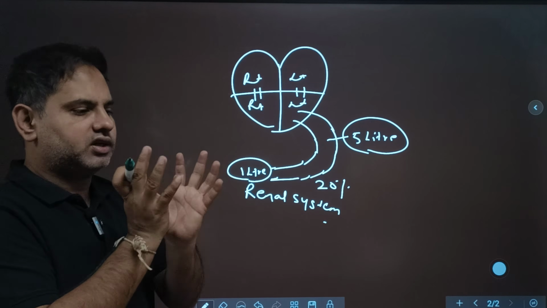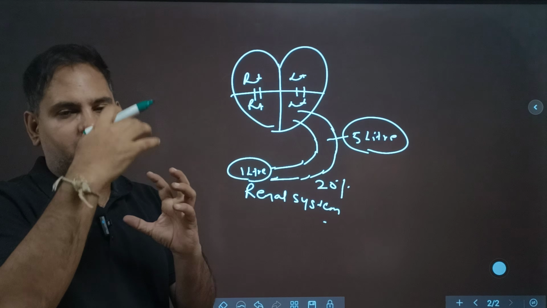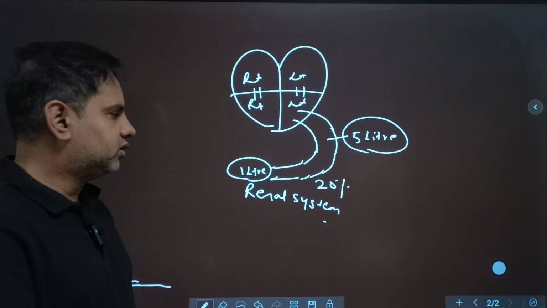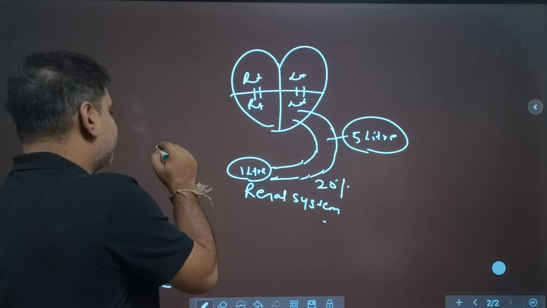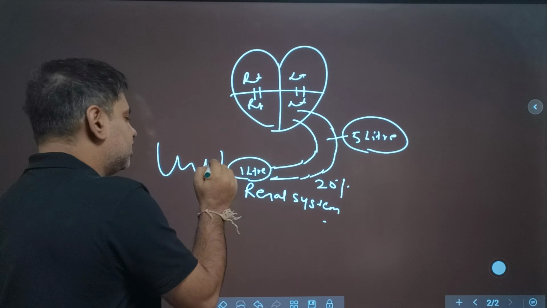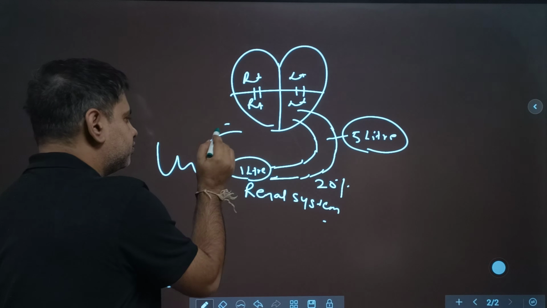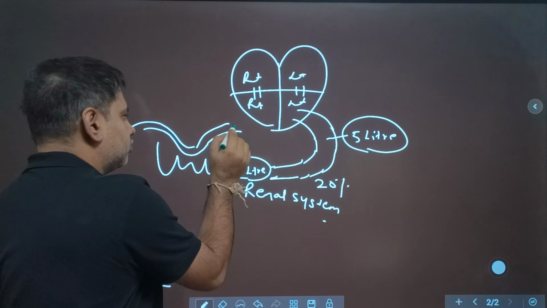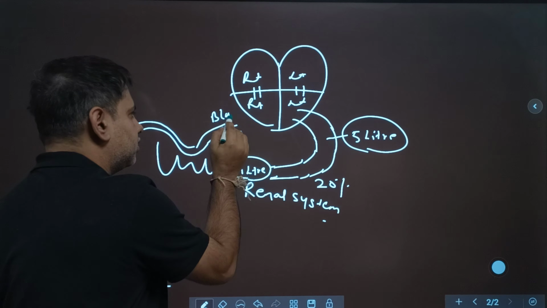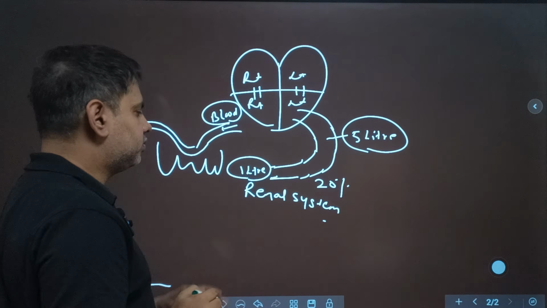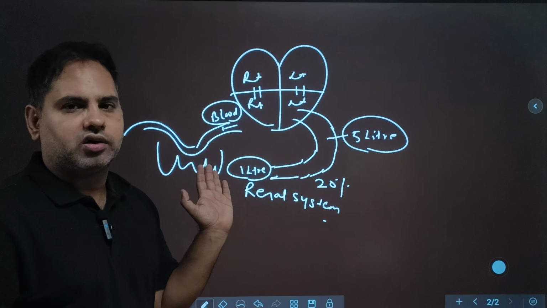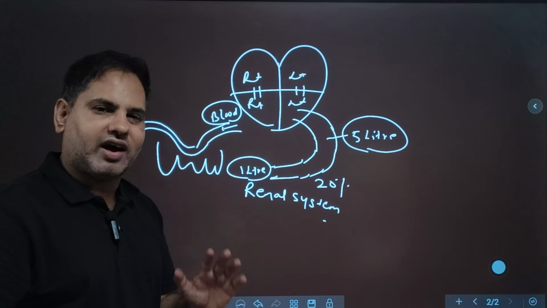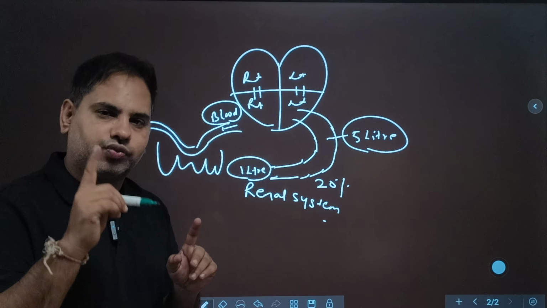The unit which does the filtration is called the Bowman capsule, right? In the kidney, this is your blood circulation, and as I said, how much blood is going there? 20% of your cardiac output. Cardiac output is 5 liters, and 20% of 5 liters is 1 liter.